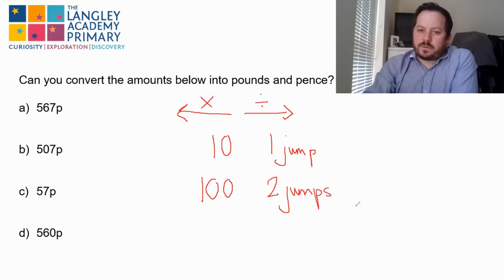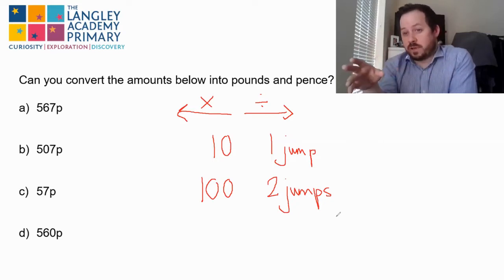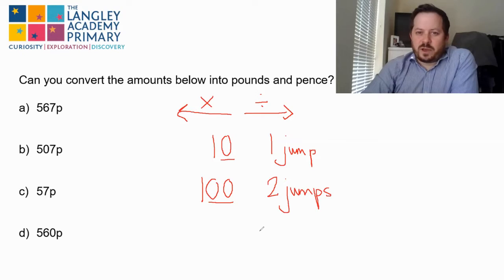Now, this is a good rule of thumb, and also it shows us a very quick pattern. 10, 1 jump, 100, 2 jumps, 1,000, 3. Remember which direction we're going in. So if we know this, if we're going from pounds to pence, we are timesing.